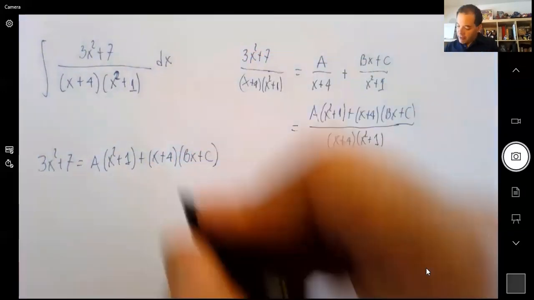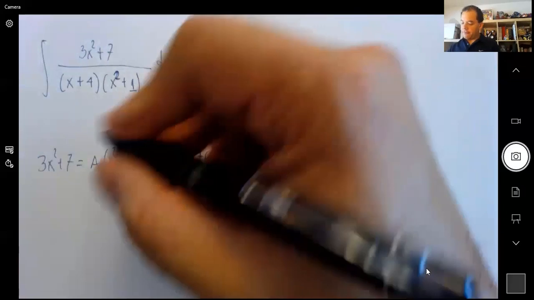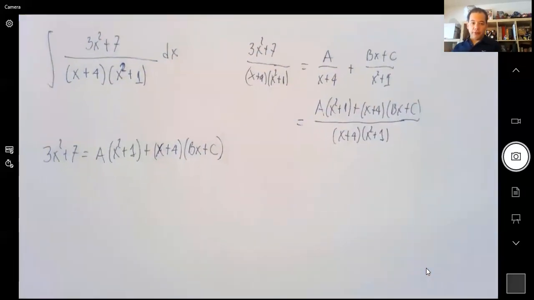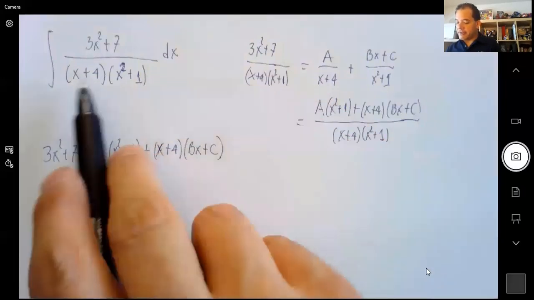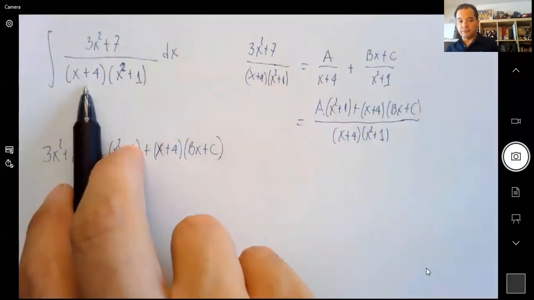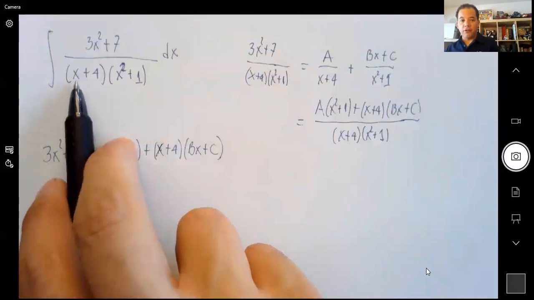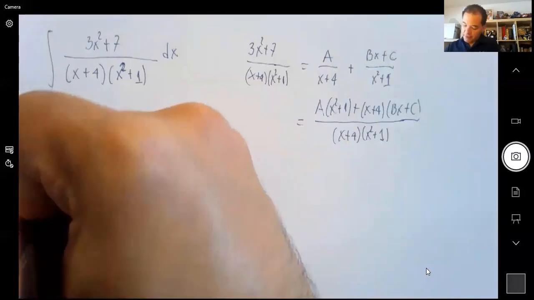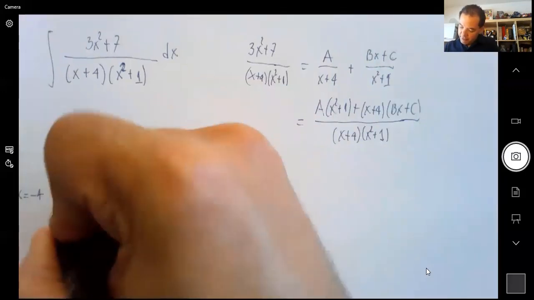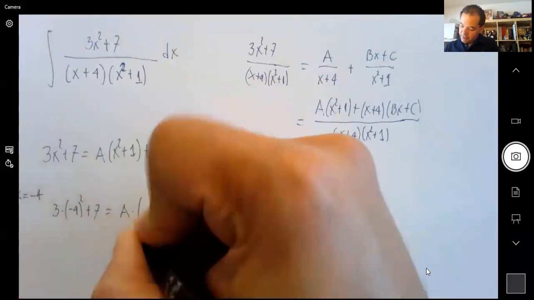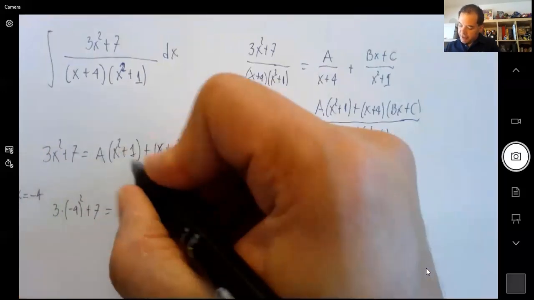Okay, and now you need to plug values of x to figure out a, b, and c. And some of them are good values. For example, if you have single linear factors, like this one, then those are great. So here plugging in -4 works great. Plug x equals -4 and I get 3 times (-4) squared plus 7 equals a times (-4) squared plus 1, that's 17.